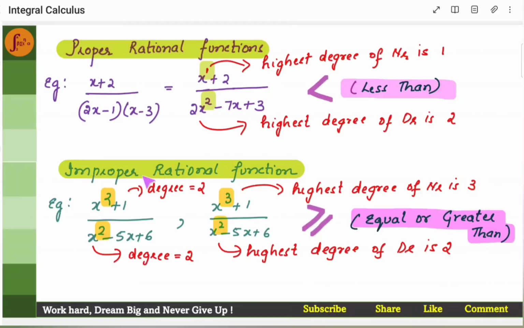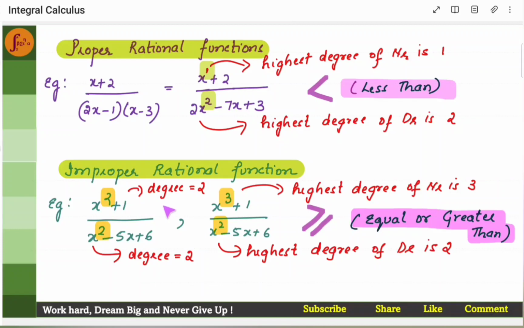Now let's look at an example of an improper rational function. x square plus 1 by x square minus 5x plus 6. Here the highest degree of x in the numerator is 2 and the highest degree in the denominator is 2. So it's equal. And in this other example, the highest degree of x is 3 and the highest degree in the denominator is 2. This is greater.